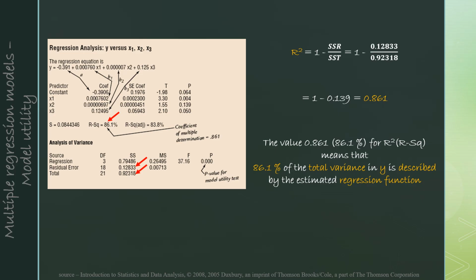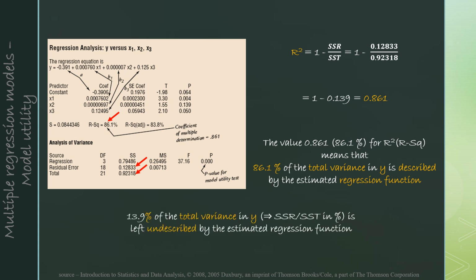The value 0.861, or in percentage 86.1, for R square means that 86.1% of the total variance in Y is described by the estimated regression function. 13.9% of the total variance in Y, which is SSR divided by SST in percentage, is left undescribed by the estimated regression function.